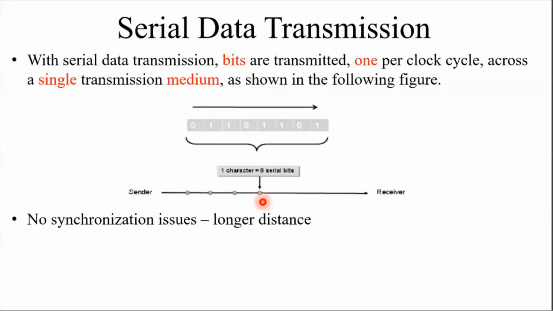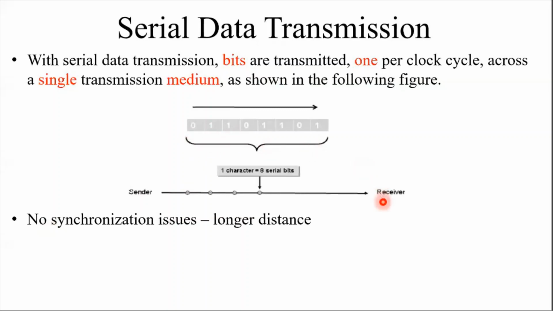By sending the data sequentially, it ensures that there are no synchronization issues, meaning when the data is transmitted in terms of bits, it is organized in a specific order. Let's say the sender sends the first bit as 0, then the second bit as 1, then 1, 0, and so on.